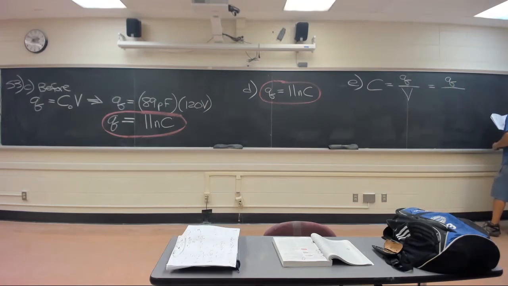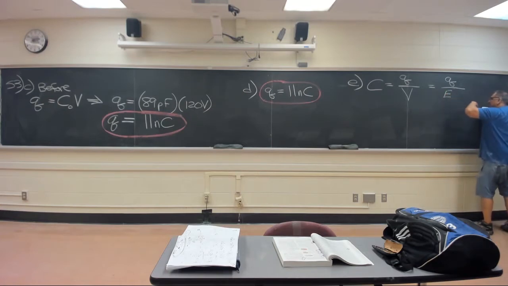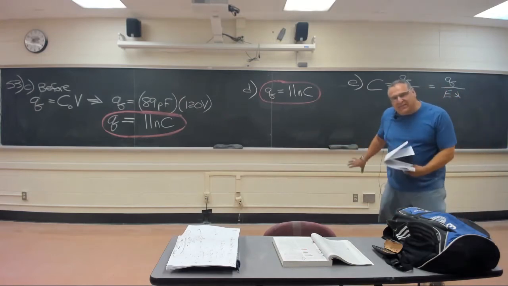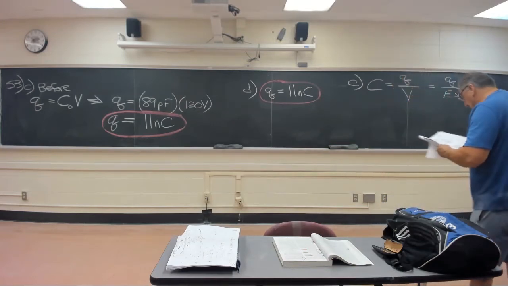The capacitance is this. V is the same as E field times the distance. We'll say the distance is X, but it's not the X I was using earlier, at least not in this situation.